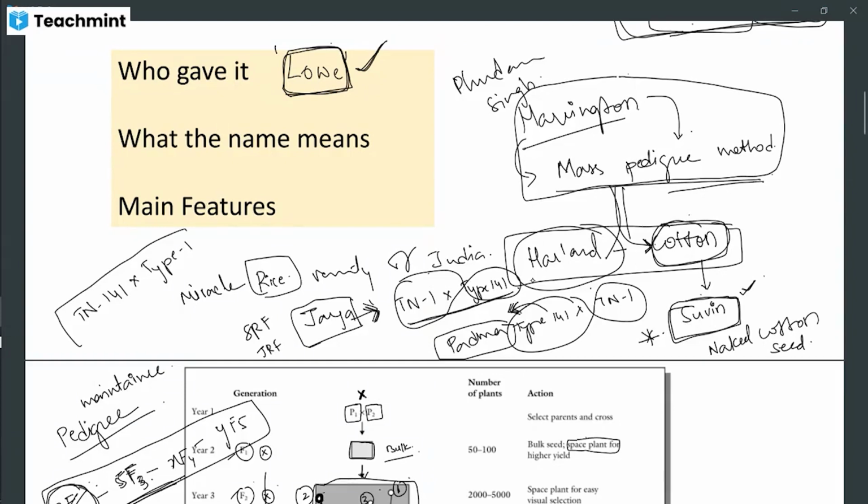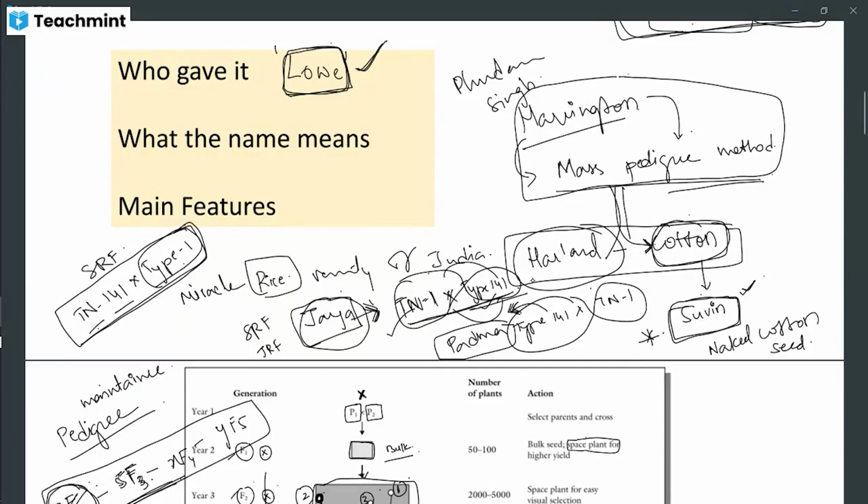This year's SRF question was: what is the parentage of Jaya? And the options were Taichung Native 1 into Type 141, and other options were to confuse you, like TN141 into Type 1. So please remember Taichung Native 1 into Type 141.